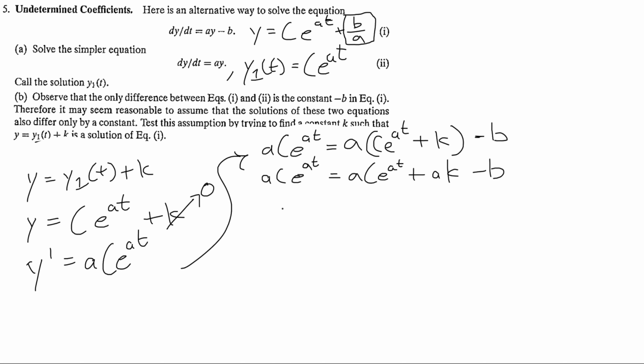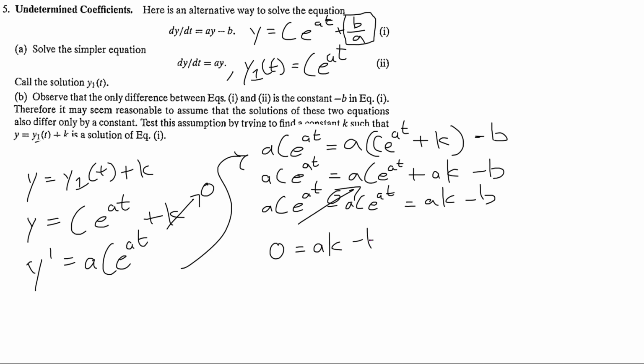So a c e to the at minus a c e to the at is equal to ak minus b. Now this is all just 0. So we're going to get 0 is equal to ak minus b.